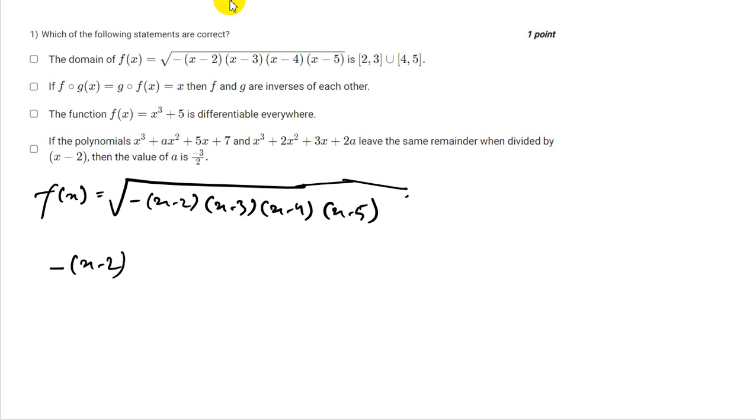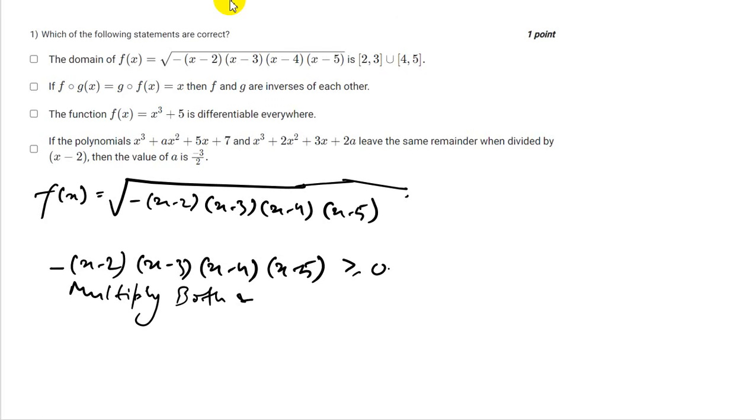minus (x minus 2)(x minus 3)(x minus 4)(x minus 5) has to be greater than or equal to 0. Okay, now multiply both sides by minus 1.